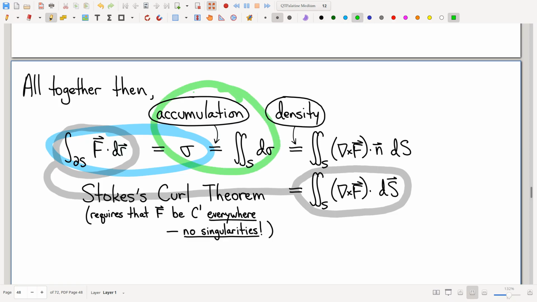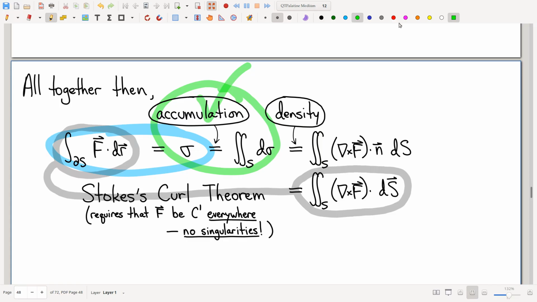You can do this boundary circulation on any piece of area. So if you take your surface and chop it up into a bunch of little pieces, that for the whole is the sum of that for the parts. So, boom, integral. That's accumulation. And then there is the associated idea of density.